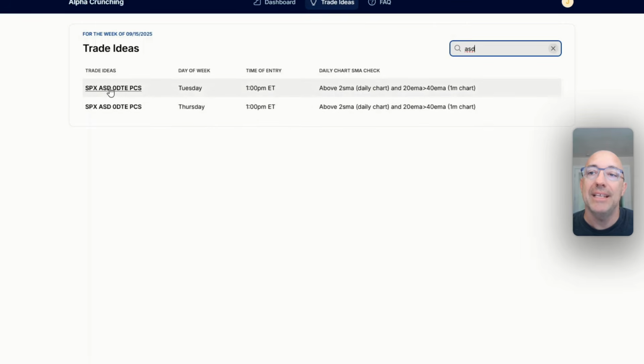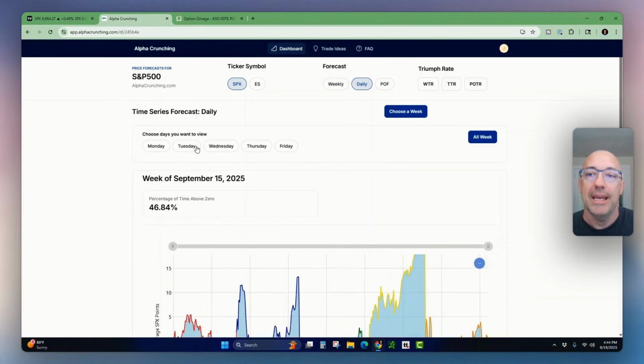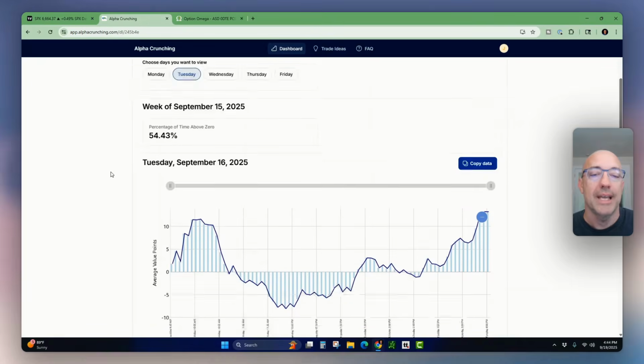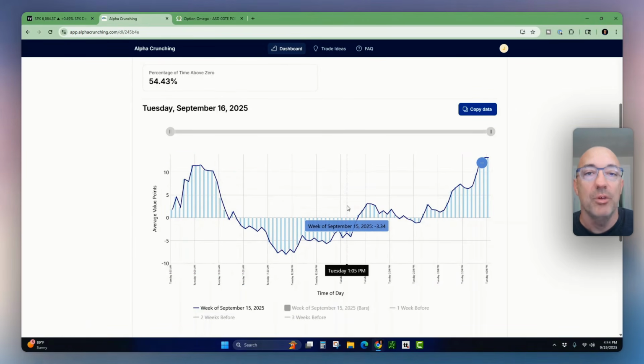The ASD is basically a strength indicator. In order for the ASD 0DTE strategy to show up on the Trade Ideas tab, it has to meet the ASD criteria. So what is the ASD? ASD is short for average strength deviation. When we go to the daily forecast here, and I think one of the setups was on Tuesday, the forecast itself gives you an average movement of intraday seasonality for this particular day.